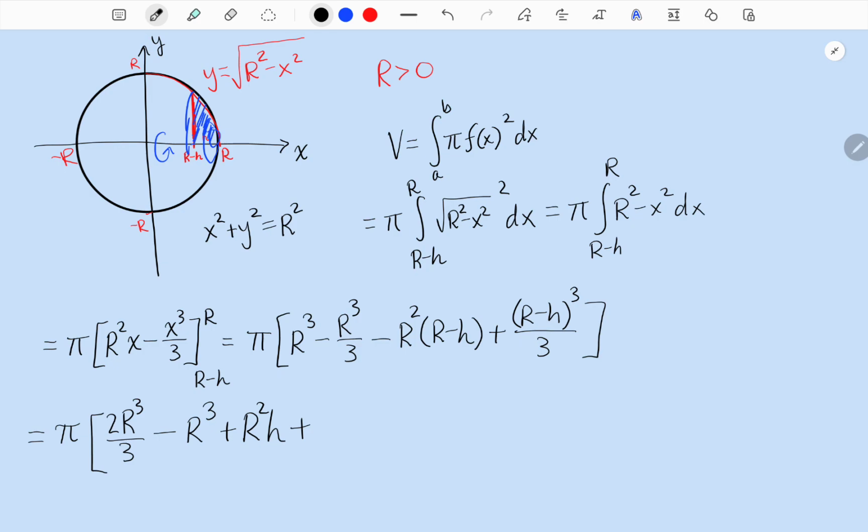And then I have to expand out r minus h cubed. You can say it's just r minus h, and then r minus h squared over 3. But we know r minus h squared is r squared minus 2rh plus h squared. Okay.